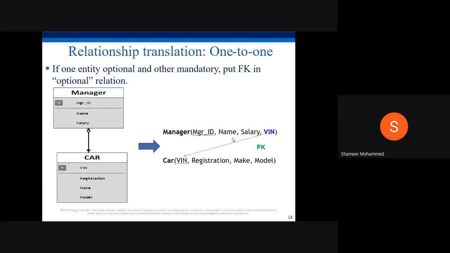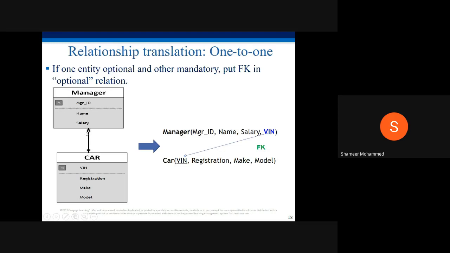Now, another example, see here, manager and car. So car, maybe the manager can have or maybe he cannot have, 0 or 1. If you are a manager, you might be given a car by the company or you may not be given a car. So for this entity, since this is optional, see here, 0, this symbol O. I told you yesterday to check the symbols and learn from the internet. So this is the mandatory symbol.